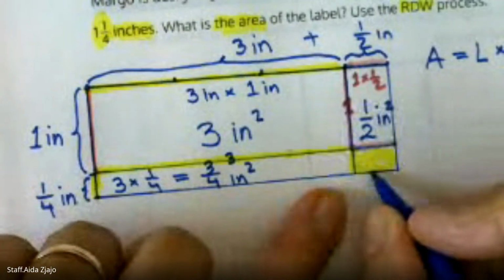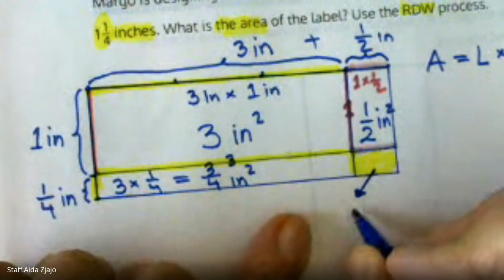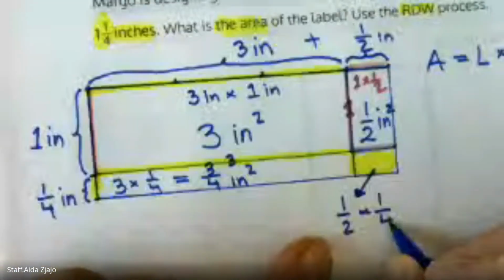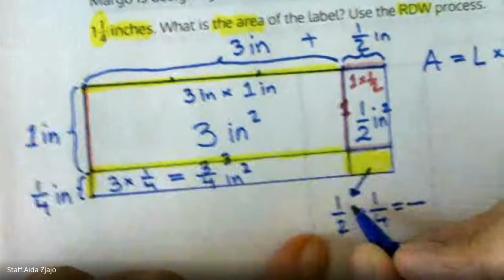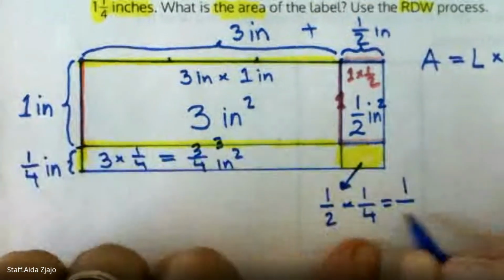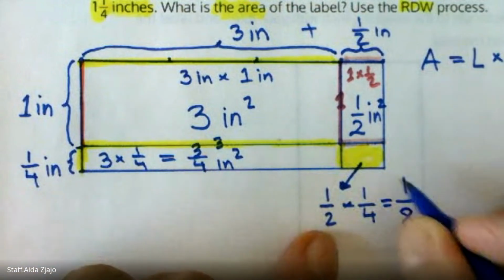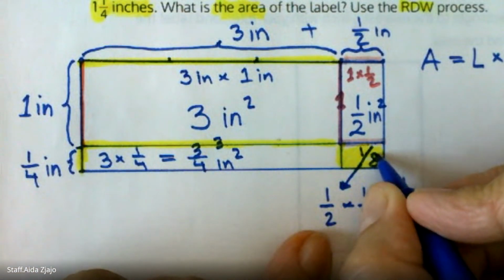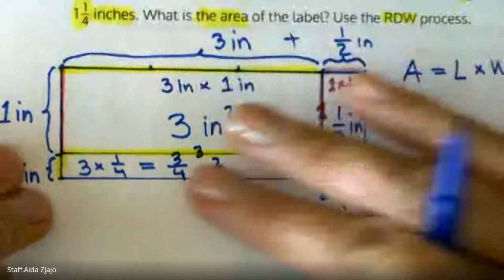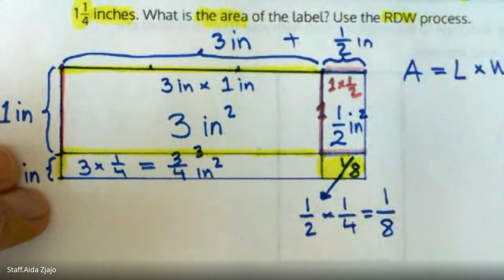I'm going to make an arrow and write 1/2 times 1/4, which gives numerator times numerator: 1 times 1 is 1, 2 times 4 is 8. So this is 1/8.